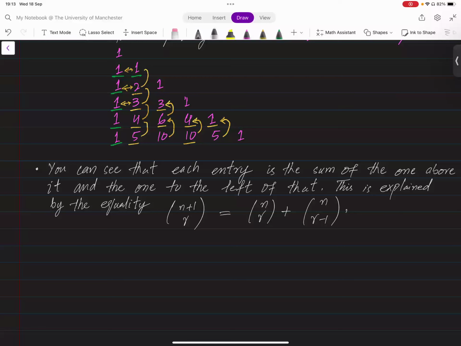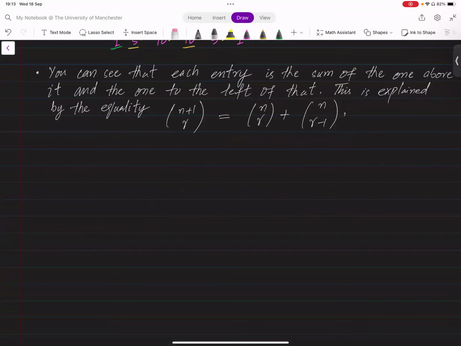Now, let's put a is 1 and b is x in the expression in the binomial theorem. We will have the following proposition.